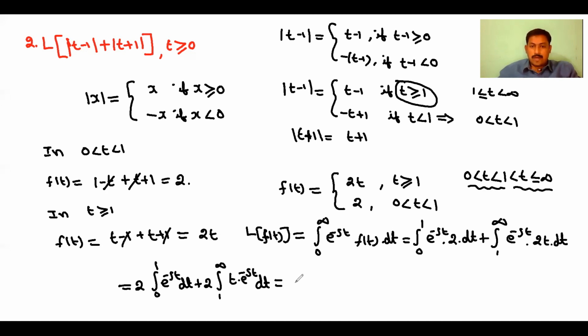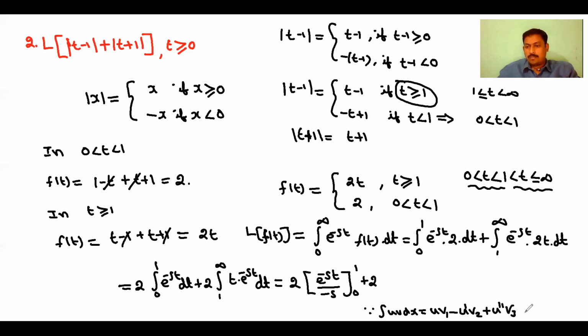Applying the integral formula, the integral of e power minus at is e power minus at by minus s, from 0 to 1. So here we have to apply the integral of uv dx, since integral uv dx equals u v1 minus u dash v2 plus u double dash v3 minus etc., the Bernoulli formula.